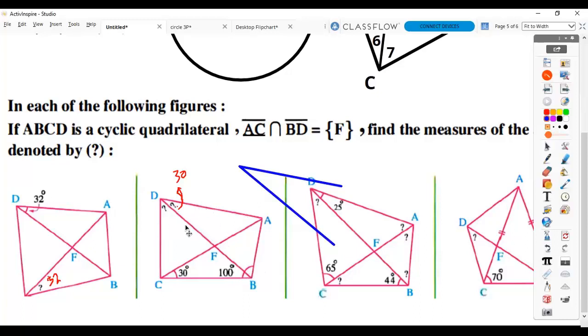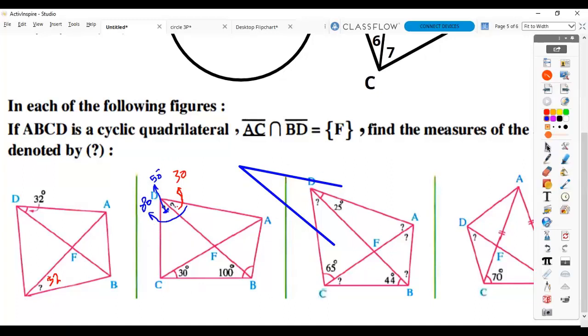So the opposite to it, which is all of the other one, will be 80, supplementary to it. A part of it is 30, then the other part is 50 degrees.